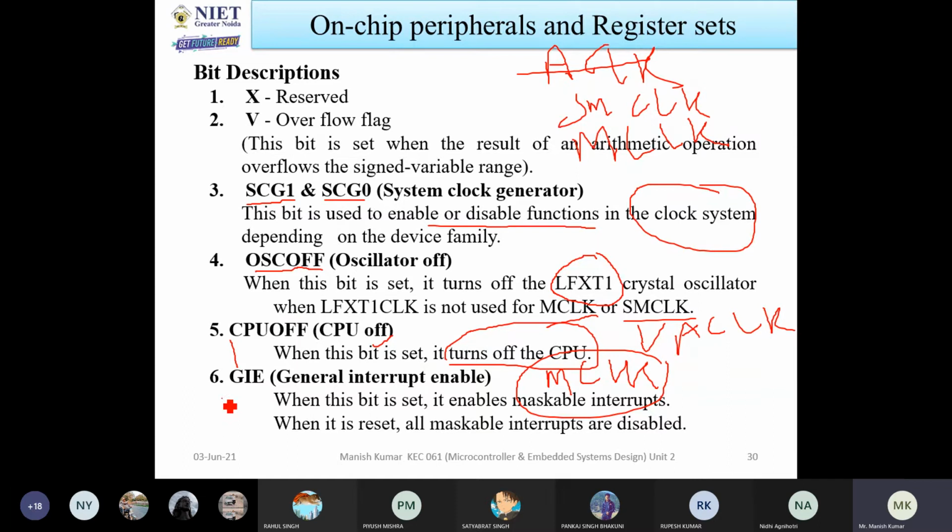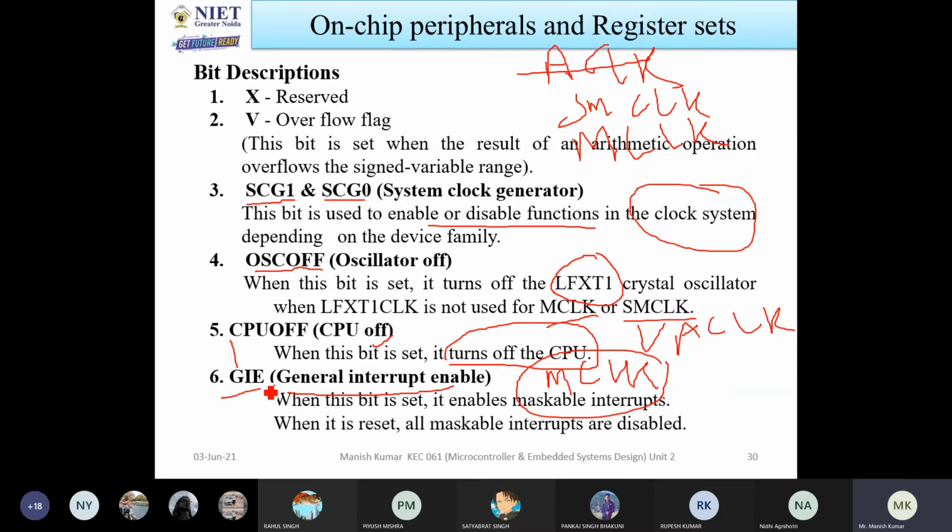Also we will talk about the GIE, general interrupt enable. This bit helps you enable or disable the maskable interrupts. What is the meaning of maskable and non-maskable interrupts? Non-maskable interrupts you cannot control. These are necessary interrupts, and you cannot stop them.